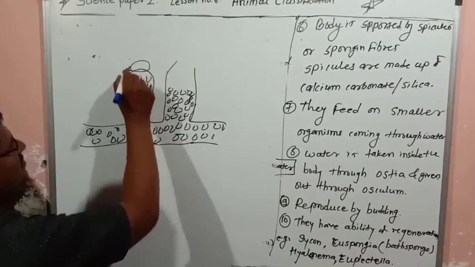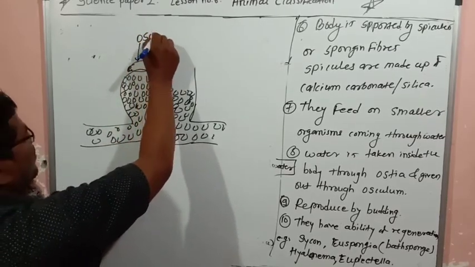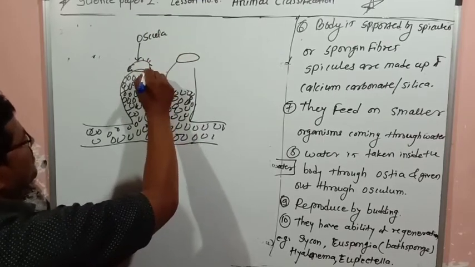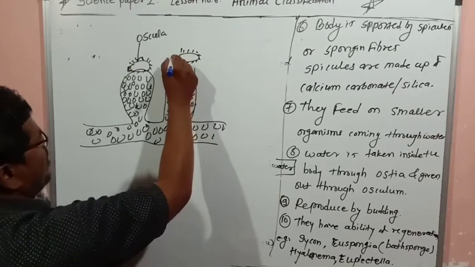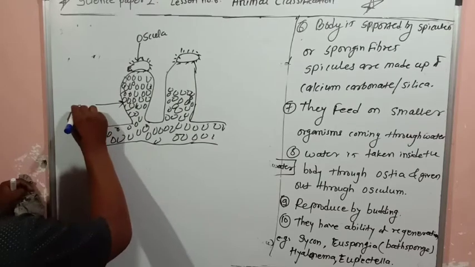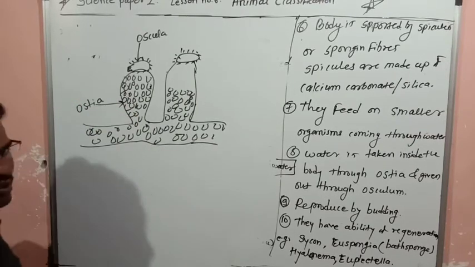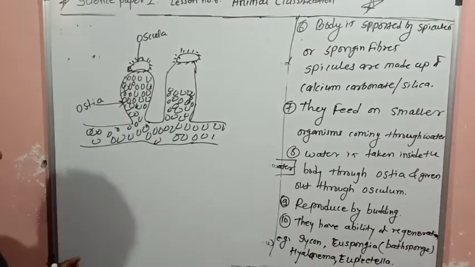Here you can say oscula, and here this one will be ostia. Ostia on the upper side, oscula, or osculum.